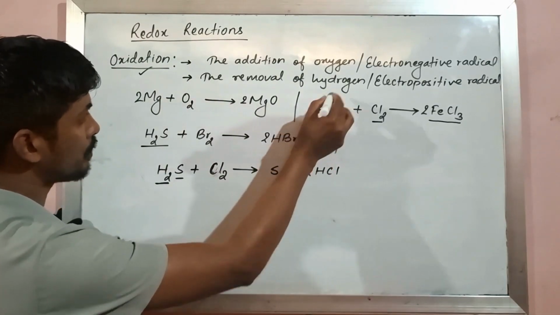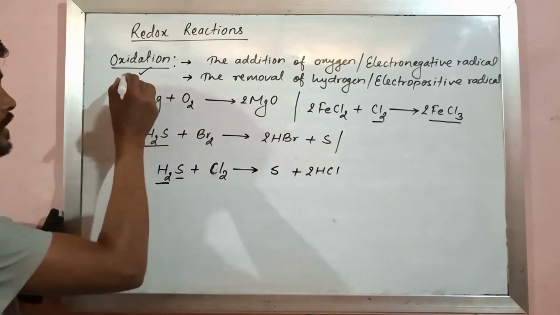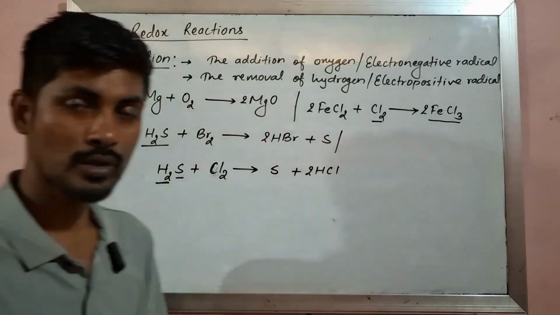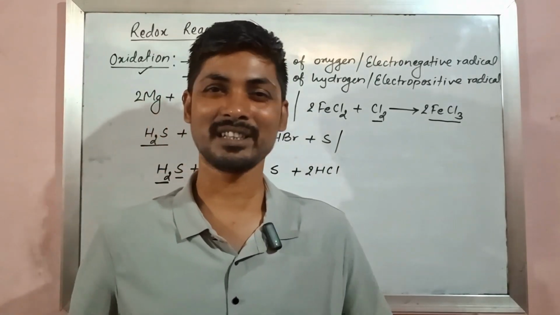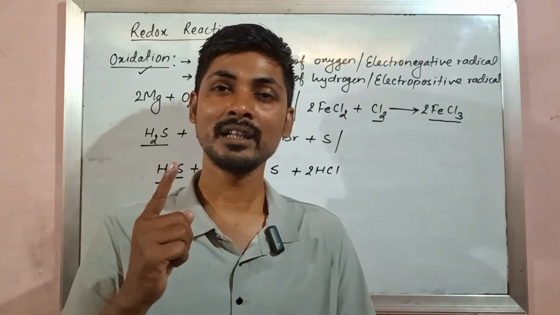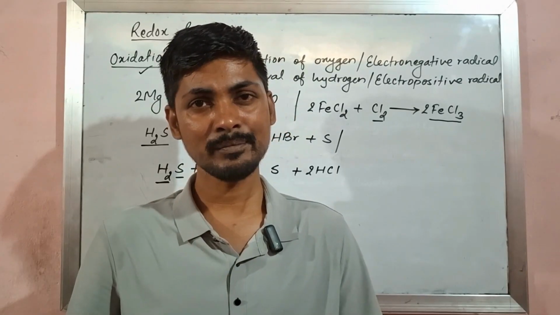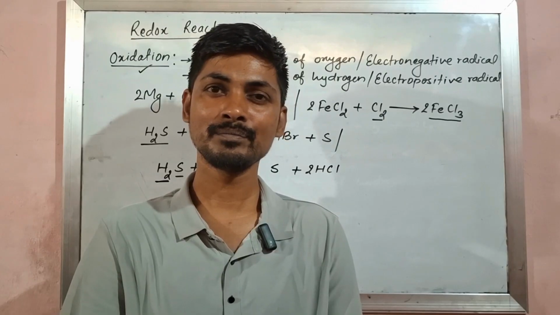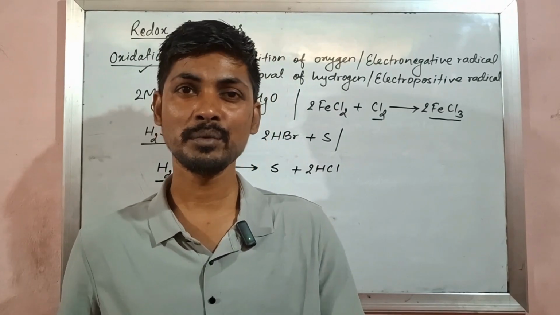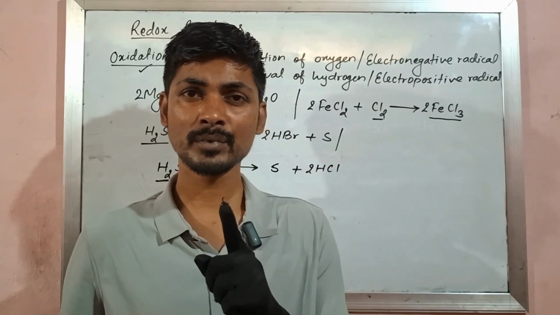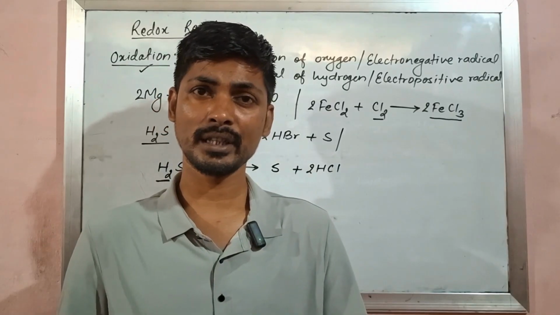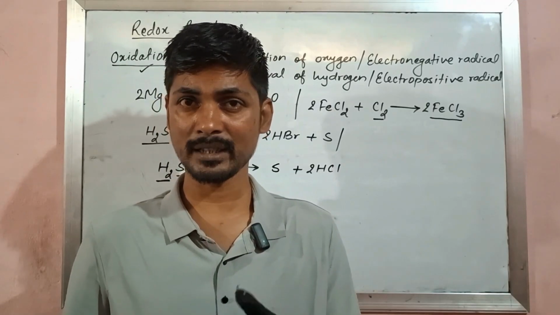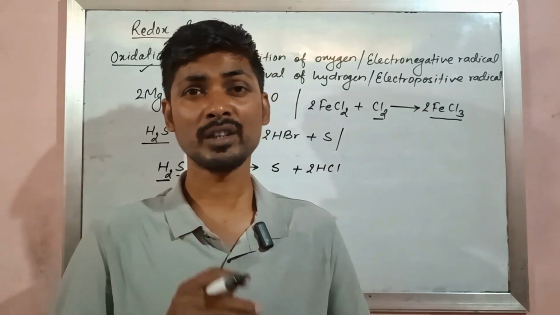This is also one of the examples of oxidation. So oxidation means either addition of oxygen or any other electronegative radical, or removal of hydrogen or any other electropositive radical.